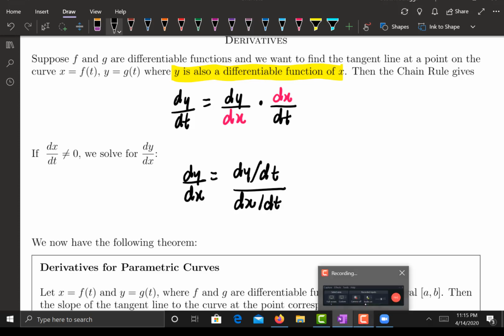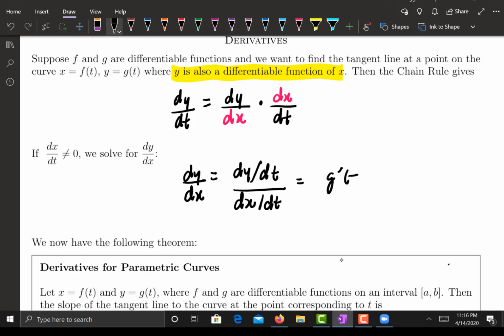Another way to phrase that is, the derivative that we dealt with before, in terms of a parametric equation, is the derivative of y in terms of the parameter t, or the derivative of the parametric equation married with the variable y divided by the derivative of the parametric equation married with the variable x, or g prime of t over f prime of t.